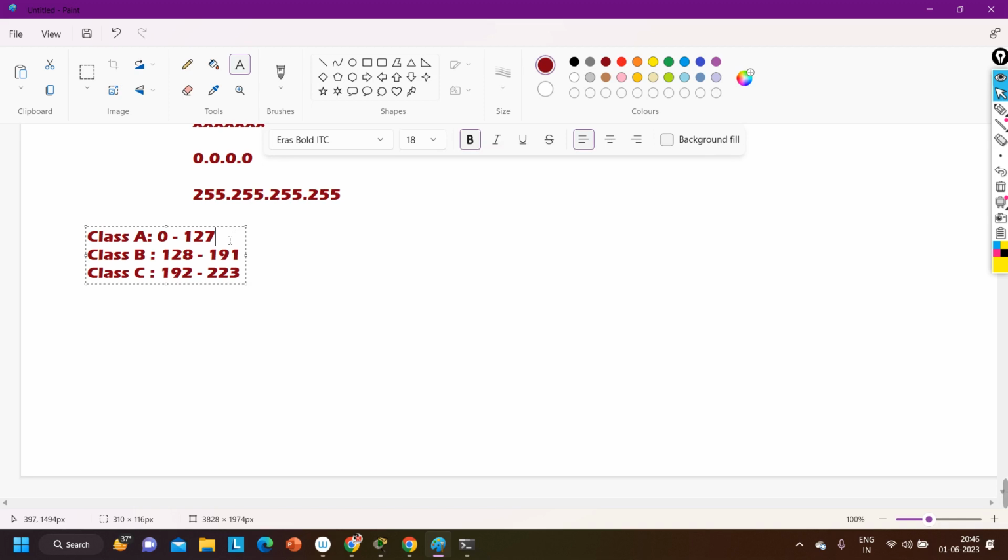Maybe there are all network bits, or all host bits, but generally an IP address is a combination of the two. The subnet mask is the tool which specifies how many network bits and how many host bits there are in an IP address. Subnet mask is also predefined for all classes, which we call the default subnet mask.